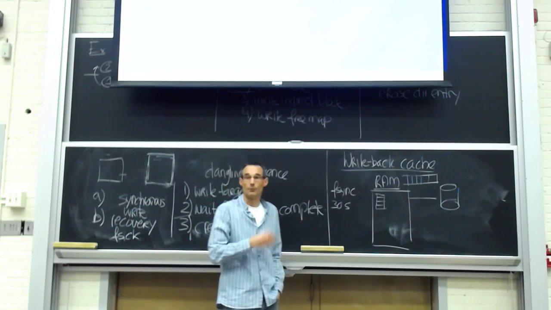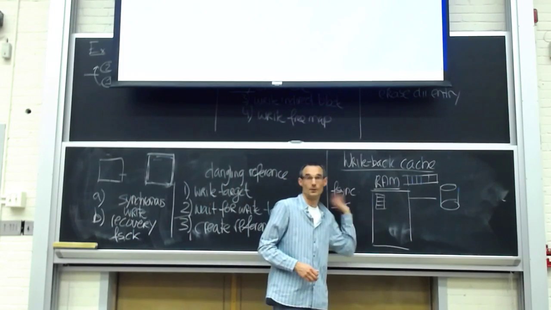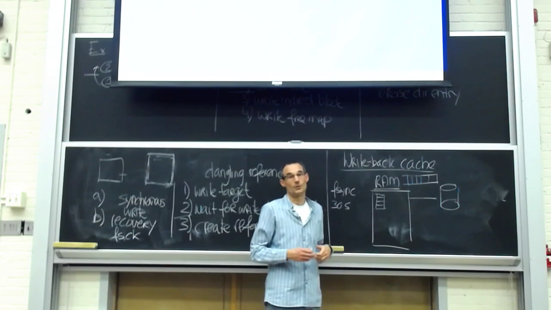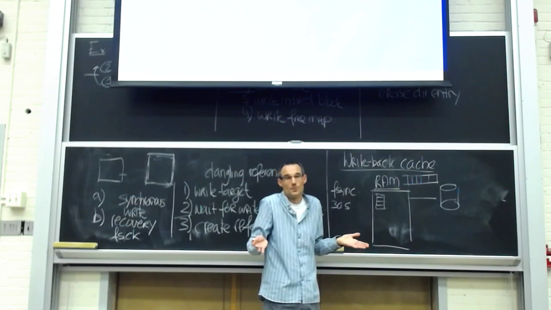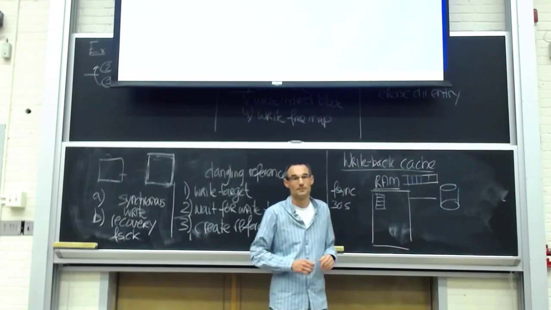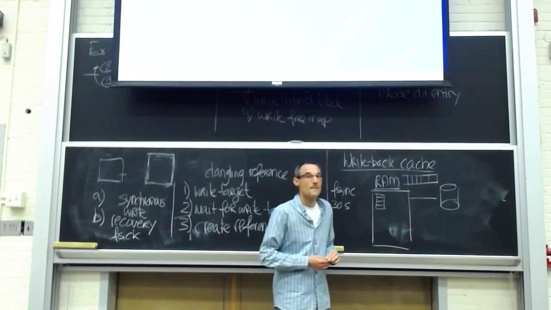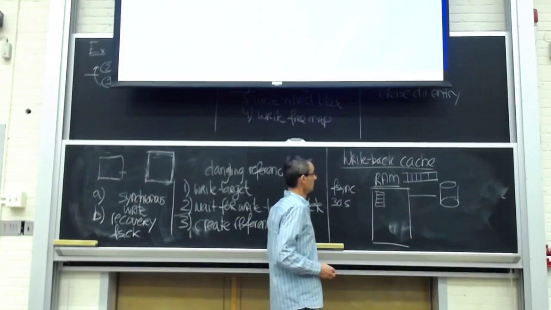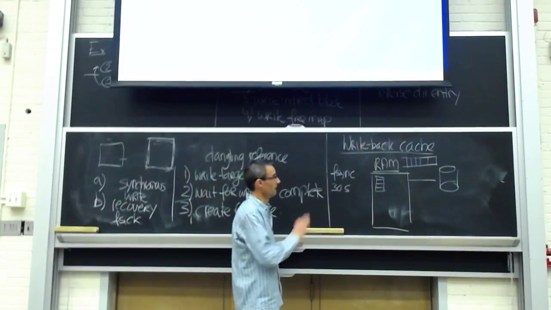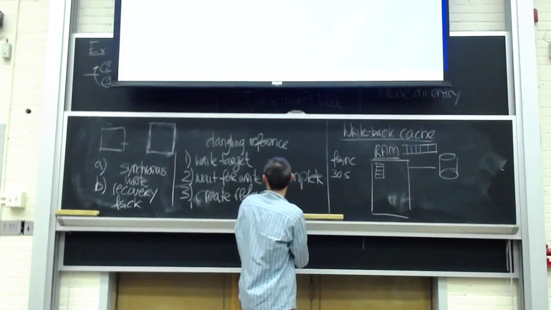So every 30 seconds, you take all the blocks that are dirty and write them to disk. If you didn't have many dirty blocks to write, presumably that didn't matter for performance anyway. If you had a lot to write, great, because you get a huge disk throughput. Right? So that's the standard solution. In fact, that has a bit of a risk. So let's look at that risk.